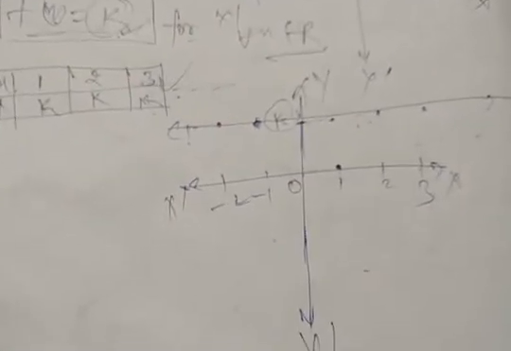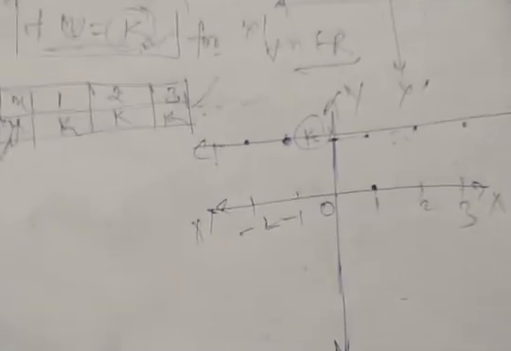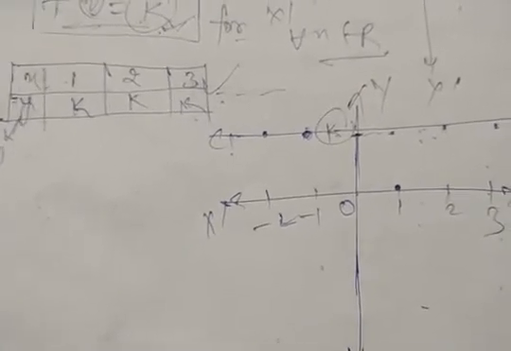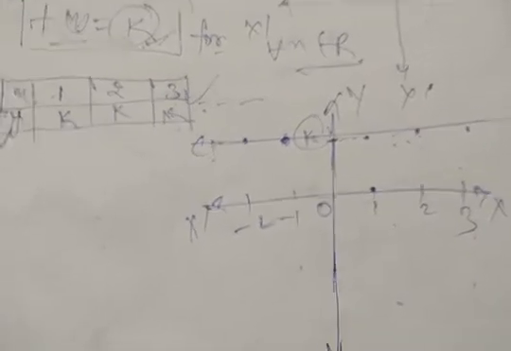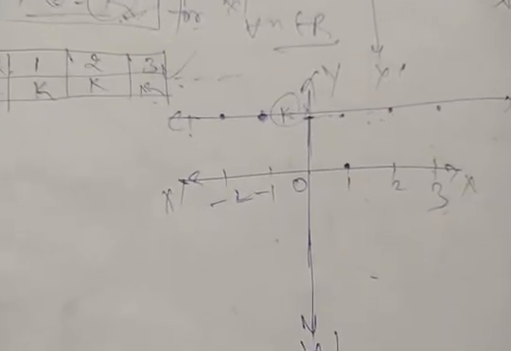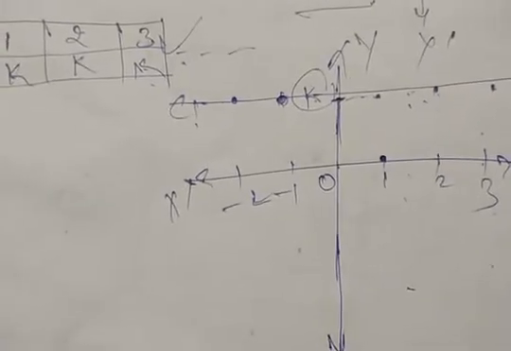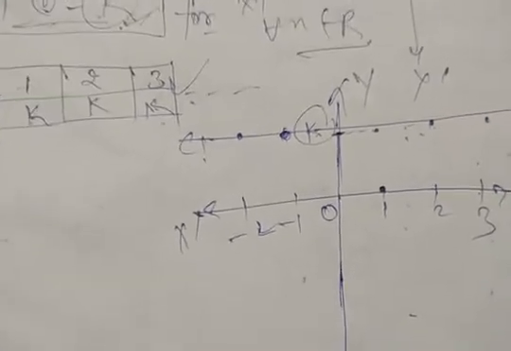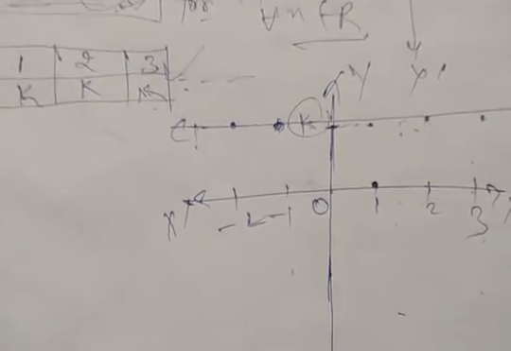The graph of the constant function is a straight line parallel to x axis which is above or below according as k is positive or negative.